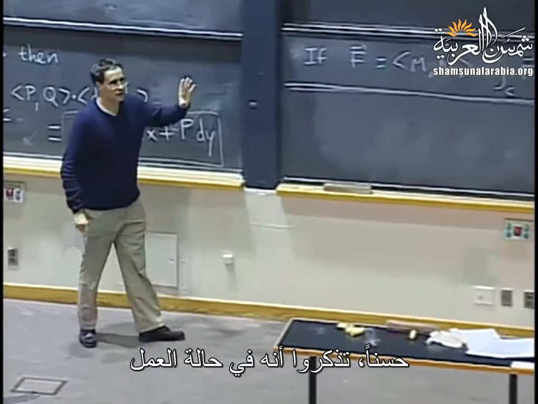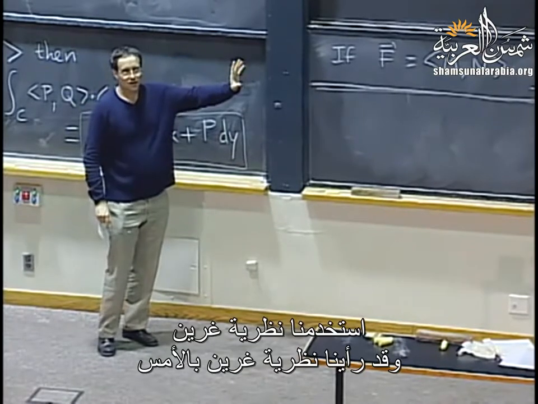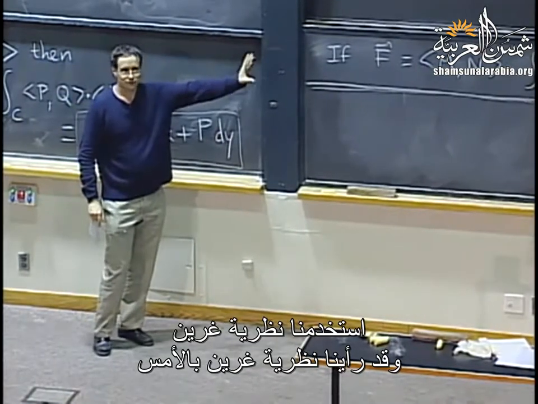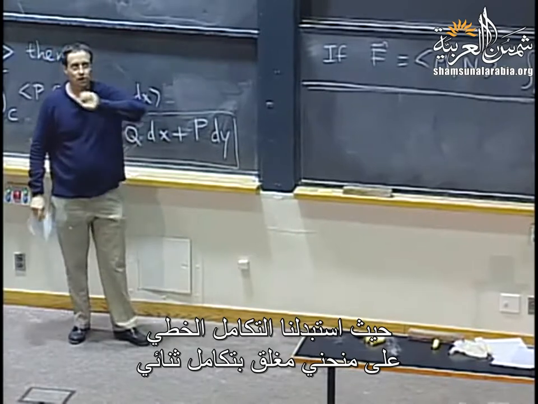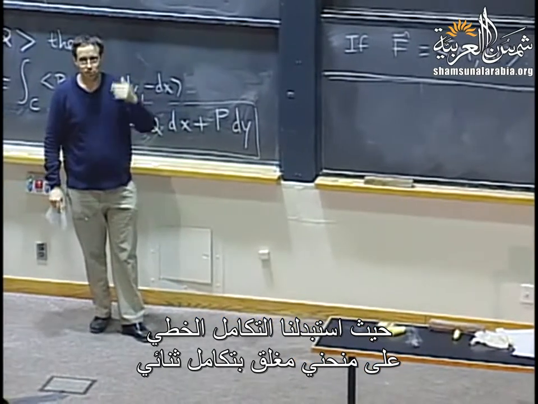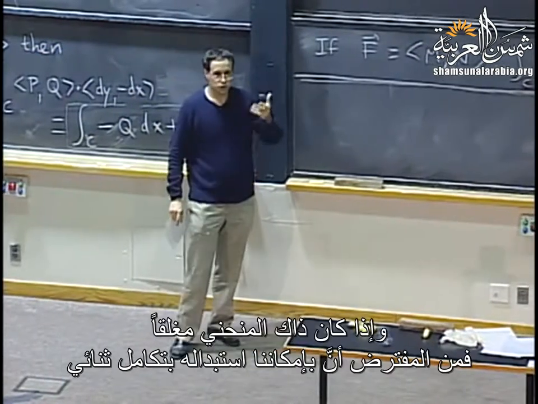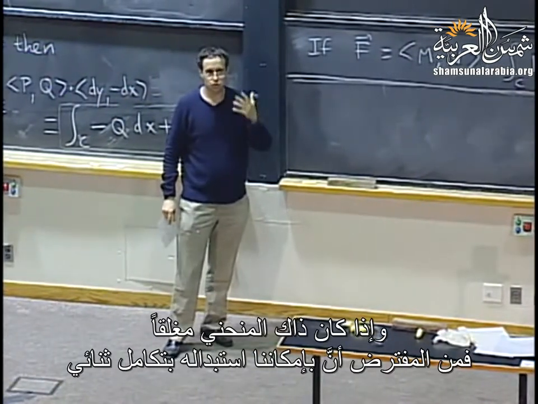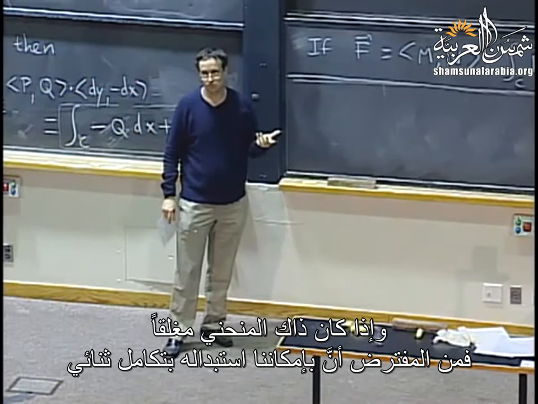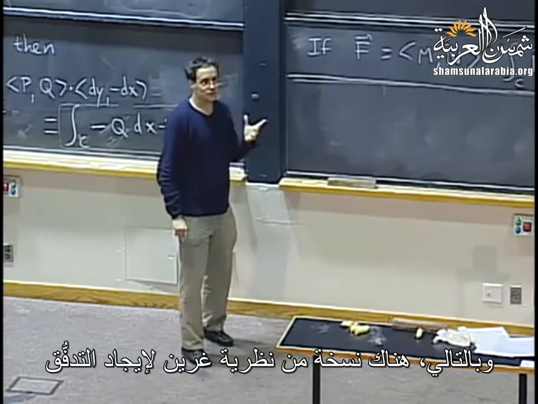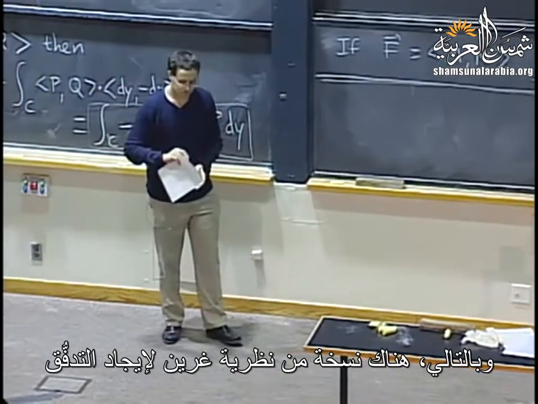Well, remember, in the case of work, we had Green's theorem. We saw yesterday Green's theorem lets us replace a line integral along a closed curve by a double integral. Well, here it's the same. We have a line integral along a curve. We should be able, if it's a closed curve, to replace it by a double integral. So there is a version of Green's theorem for flux.